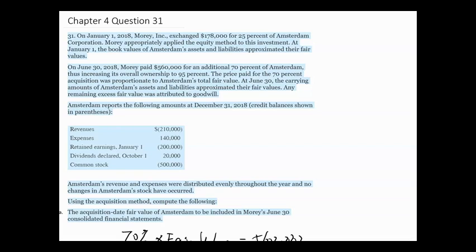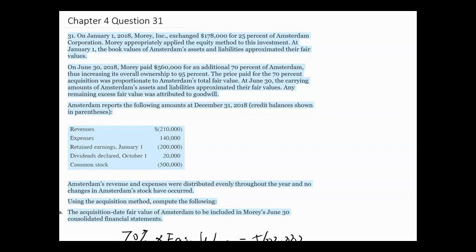So now it's a controlling interest. The price paid for the 70% acquisition was proportionate to Amsterdam's total fair value. At June 30th, the carrying amount of Amsterdam's assets and liabilities approximated their fair value. Any remaining excess fair value was attributed to goodwill.